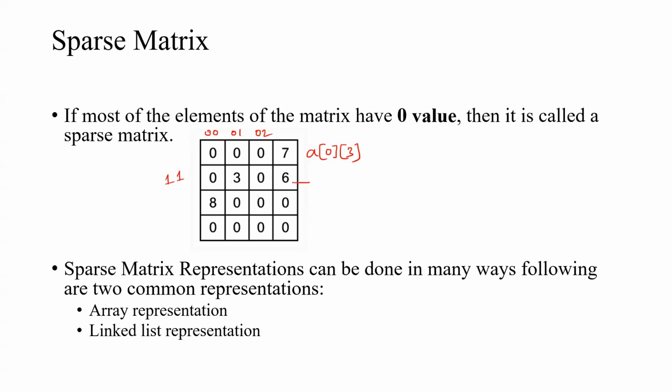This is 1, 2, and finally, this value is A of 1, 3. This value starts from 2, 0, and A of 2, 0 is this value. So these are the four non-zero values in our matrix. We will try to represent only these four values, and we will ignore the zero values.